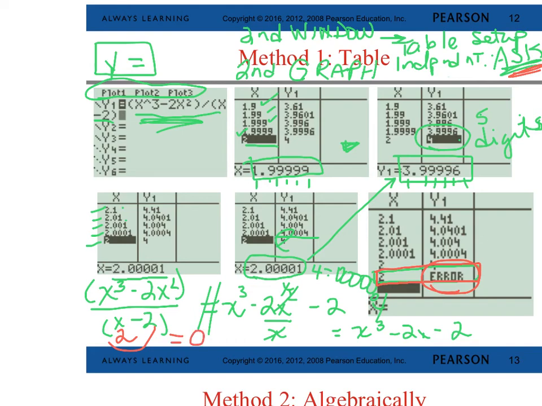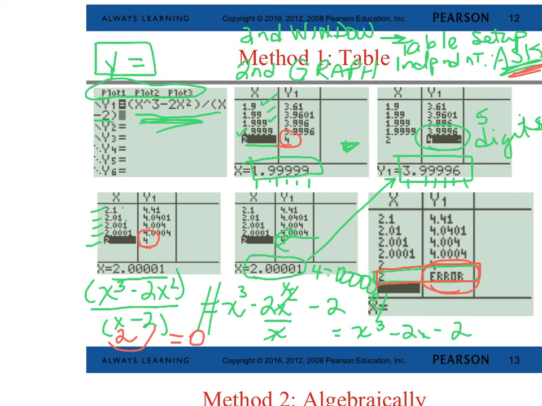My function is not defined at x equals 2. I want you to remember that. But I can still take the limit, because the limit as x approaches 2 from the left is 4. And the limit as x approaches 2 from the right is 4. Okay?